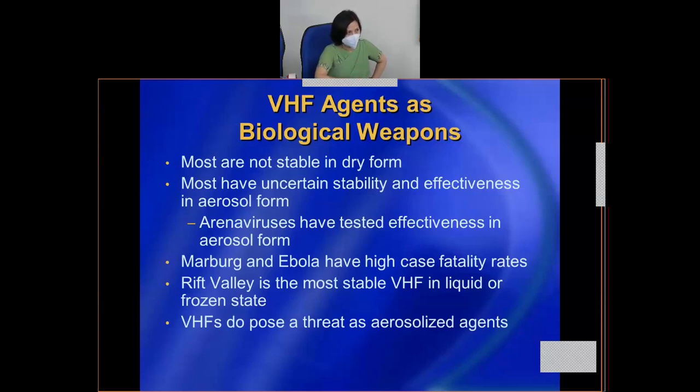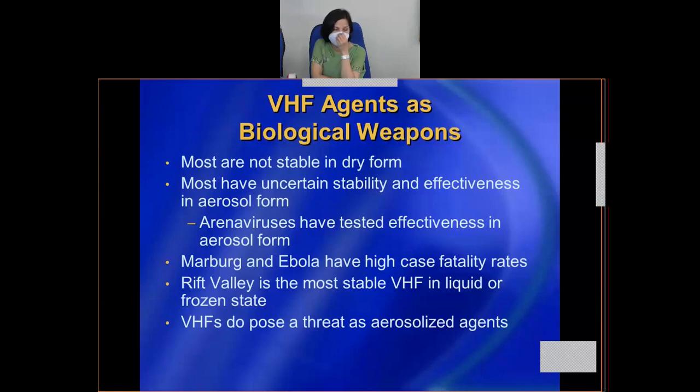However, this is some of the information that we have. Most of these agents are not stable in the dry form. Most of them, we are not very sure whether they are stable in aerosol form. However, among the viral hemorrhagic group of viruses, the arenaviruses have been found to be effective in aerosol form, because most of the biological weapons that have been used in the history of mankind, whether a virus or a bacteria, have always been aerosolized. So among the viral hemorrhagic fevers, it's only the arenaviruses which have been aerosolized.